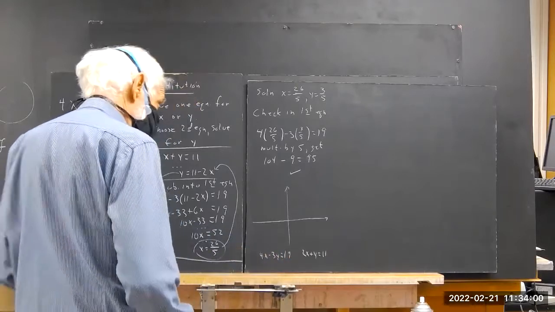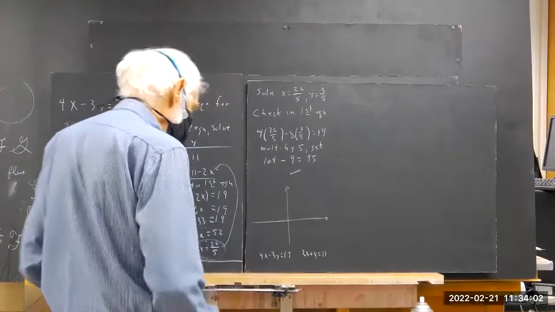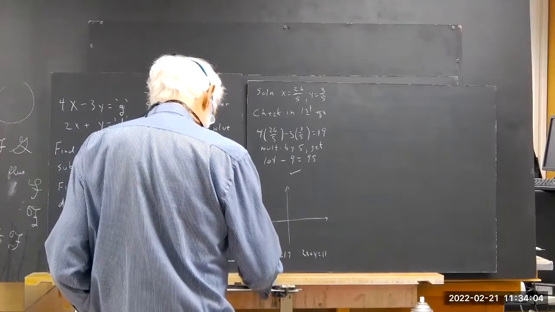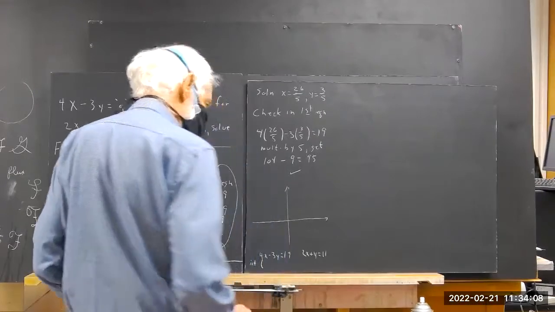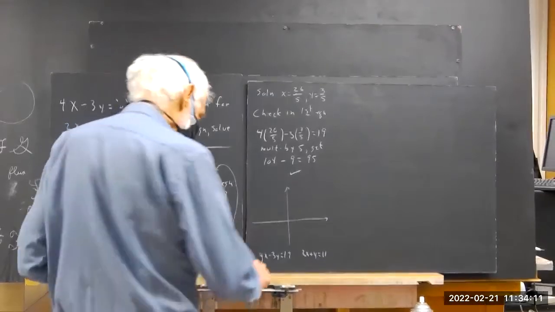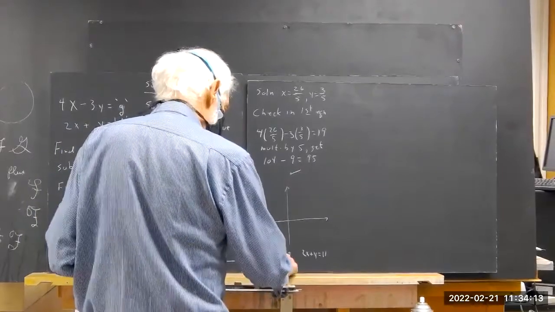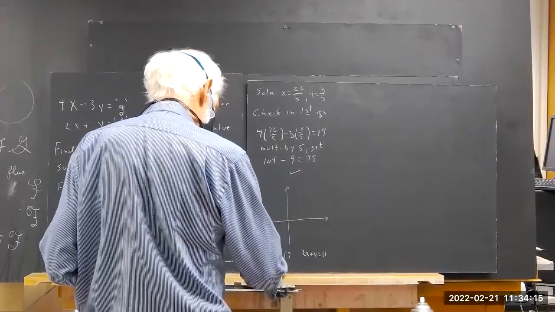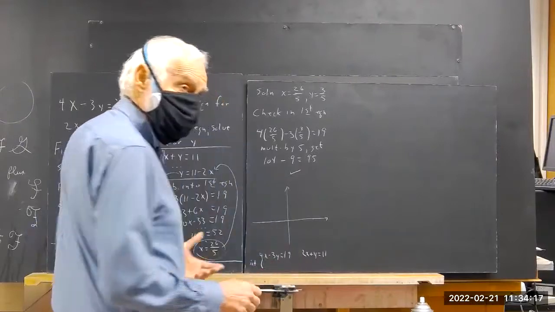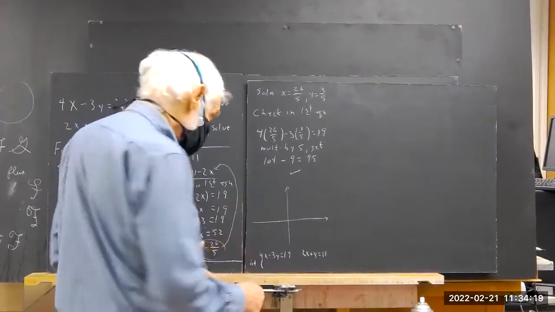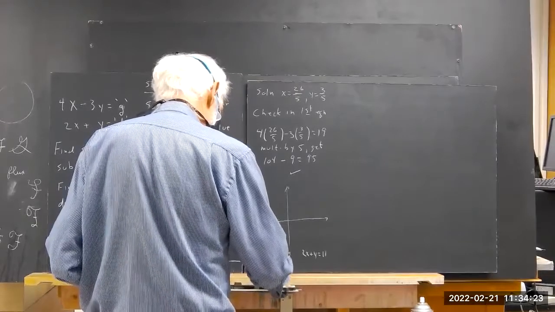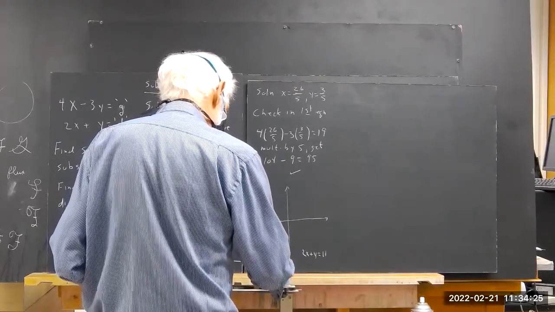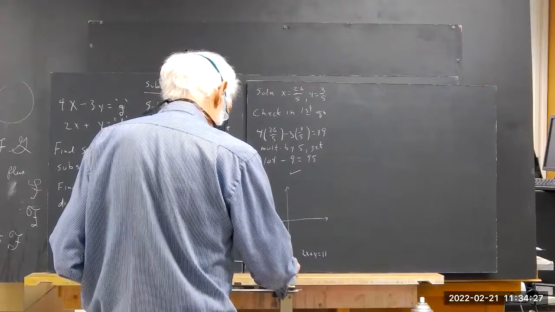So the intercepts are going to be, well, divide 19 by negative 3. Writing this pretty small. I let x equals 0, and that gave me y equals negative 19 thirds.